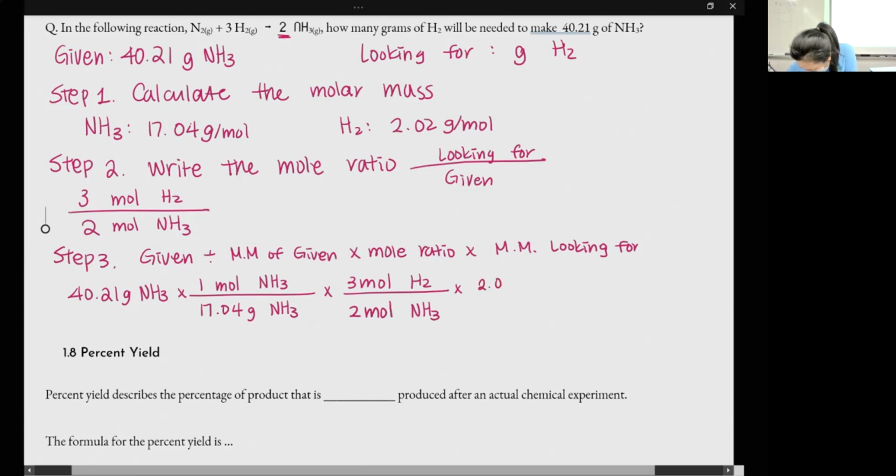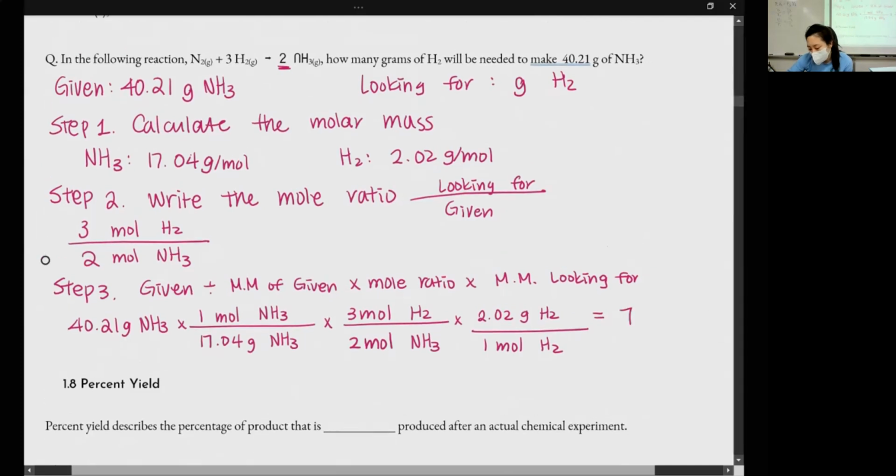So 2.02 grams of H2 over 1 mole of H2. And that's going to equal, let's see, 40.21 times 1 divided by 17.04 times 3 divided by 2 times 2.02 divided by 1, which will give you 7.15 grams of H2.